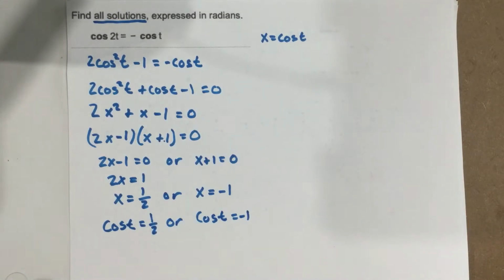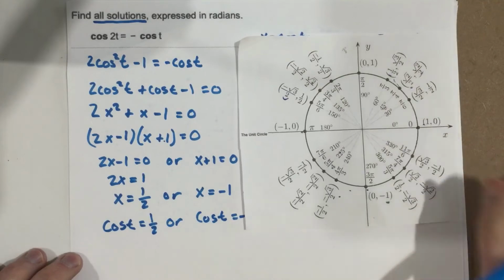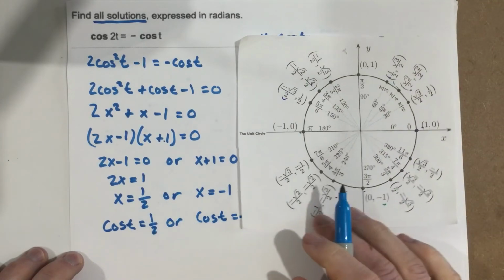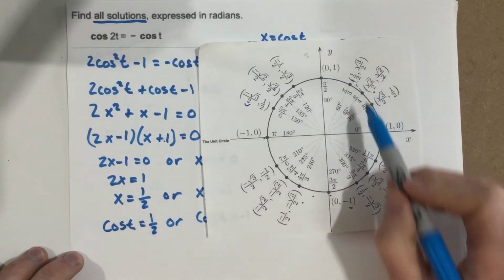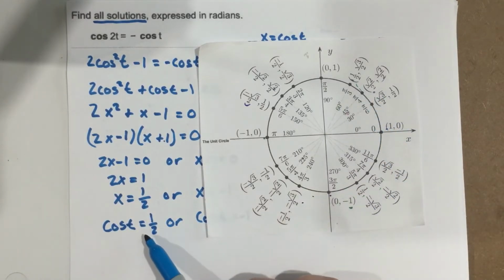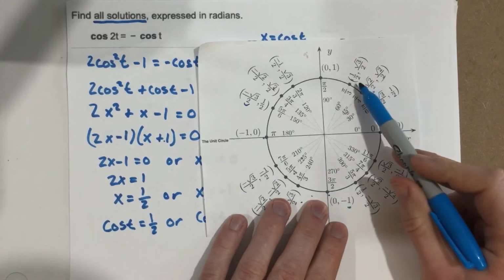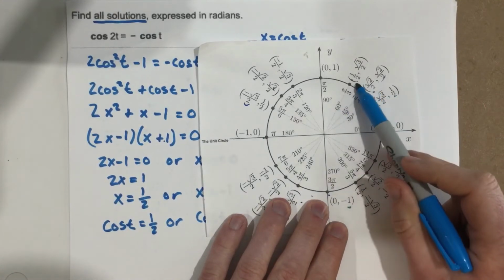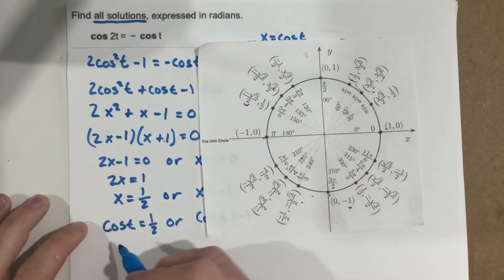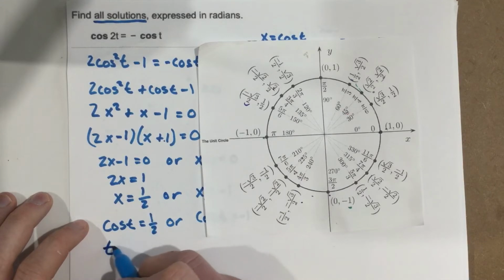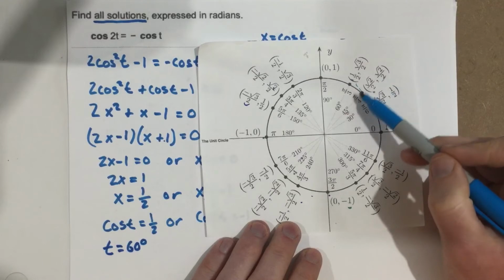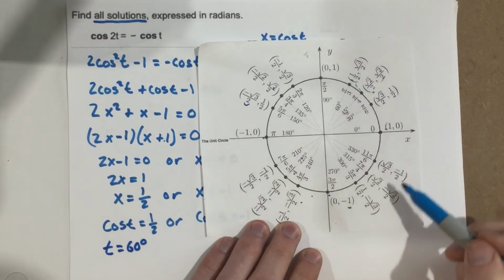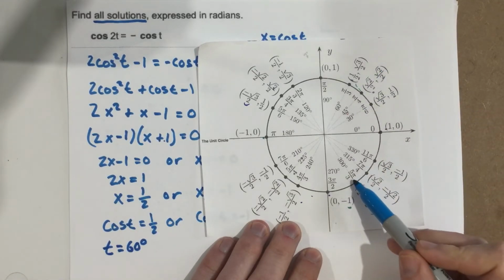Well, if I pull out my unit circle, cosine t equals 1/2. We know cosine's positive in quadrants 1 and 4. So cosine t is 1/2. We go to the x values. We can see that that's at 60 degrees. So we can say 60 degrees for t. We can say that we would have cosine 1/2 at 300 degrees.